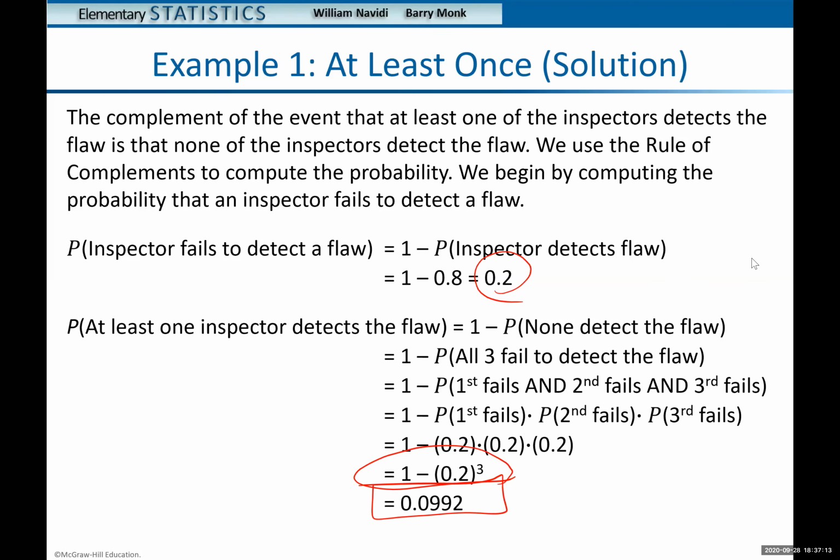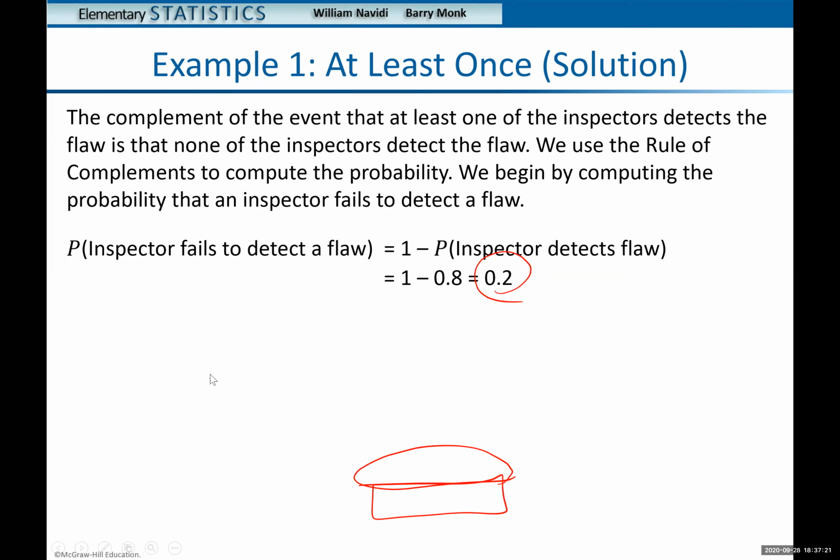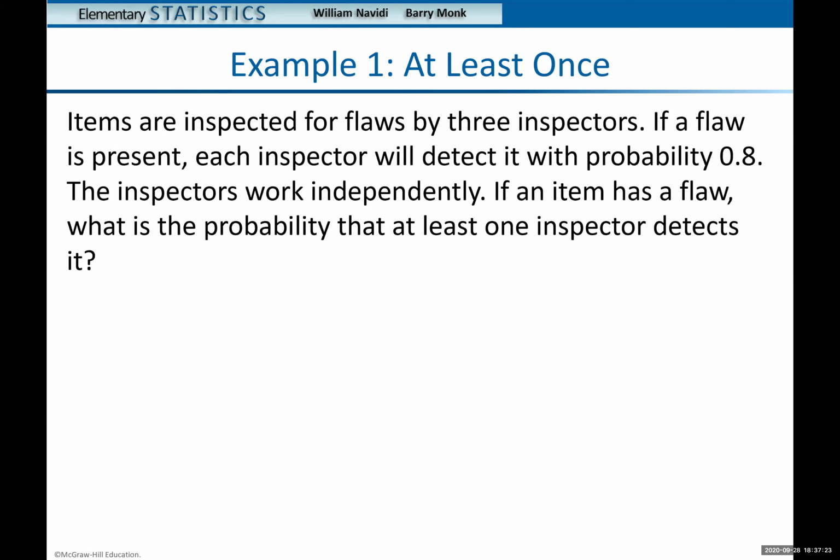So again, don't get confused. All you have to do is, let's go back here. Given the probability of 0.8, you want the probability that at least one inspector detects it. So first get the complement of 0.8. You subtract it from 1, which is 0.2.